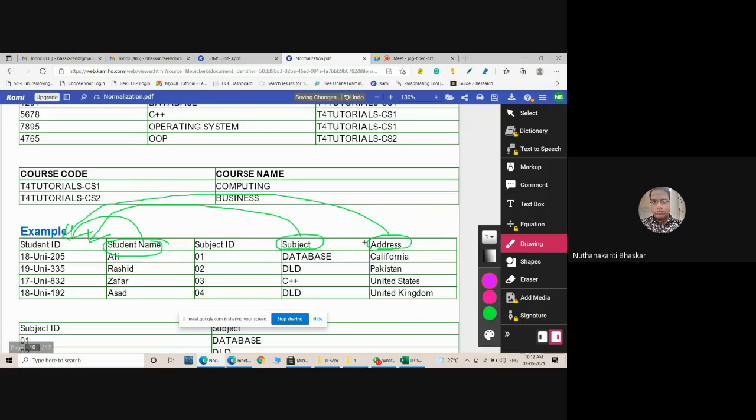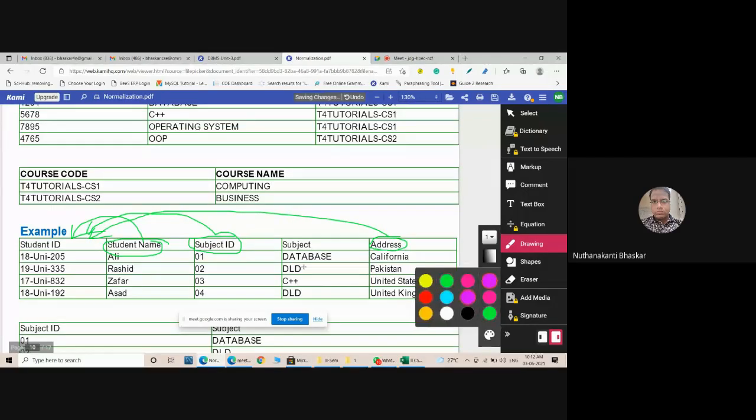Sorry, I made one mistake, I think. Subject ID is depending on student ID, address is depending on student ID, and subject is depending on subject ID. Even if it is depending on student ID also, not a problem.